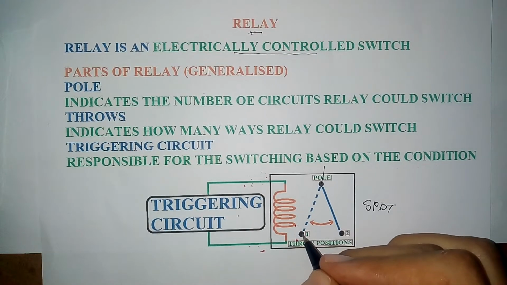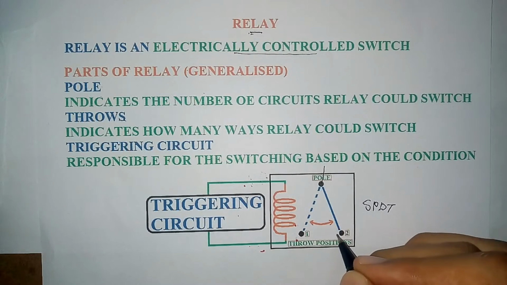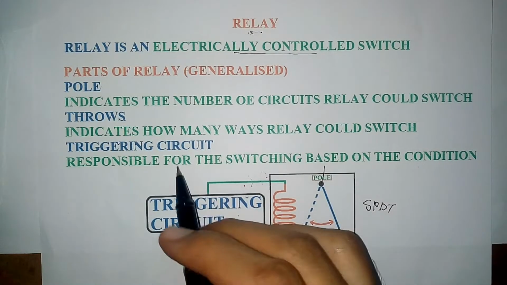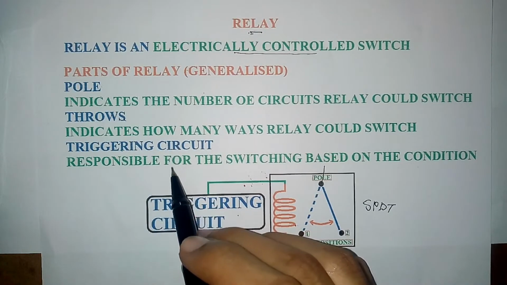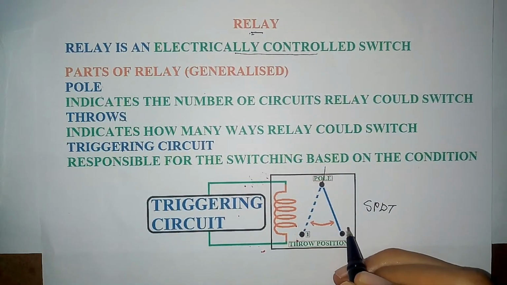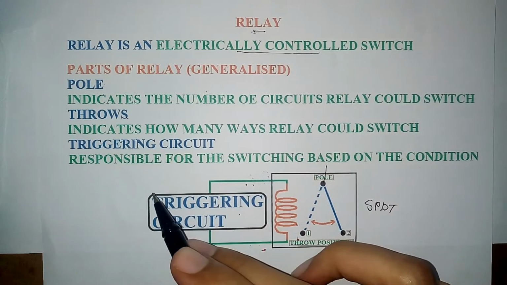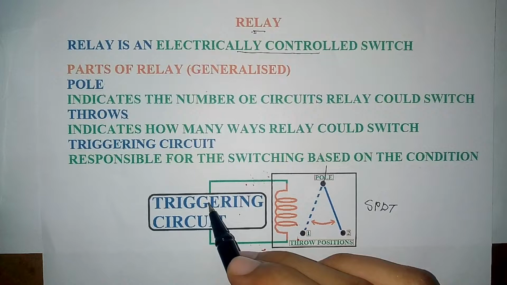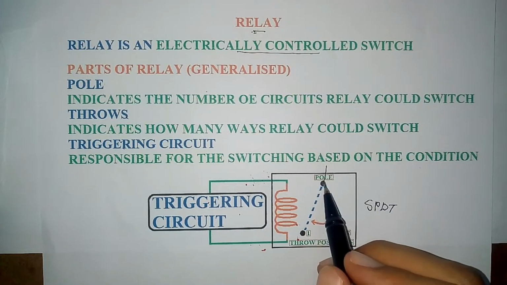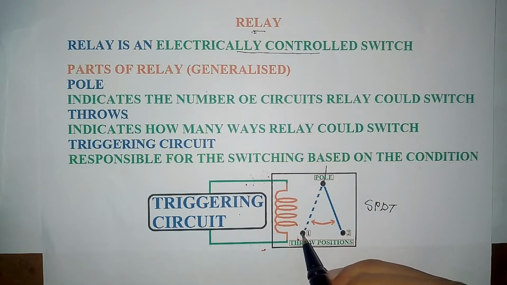So the relay could be switched between two positions. And last one is triggering circuit, which is responsible for the switching action based on the condition which is mentioned in the triggering circuit. This circuit will trigger the connection between pole and throw to switch between the positions.